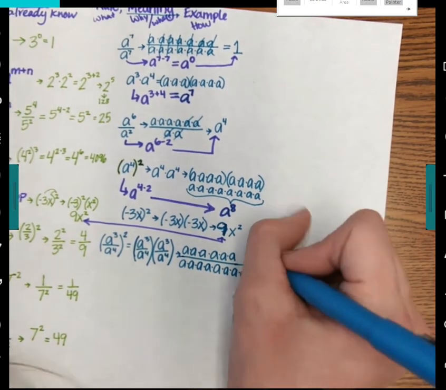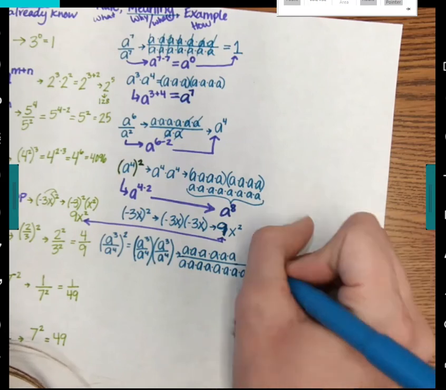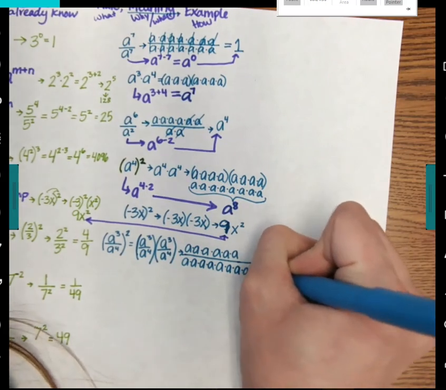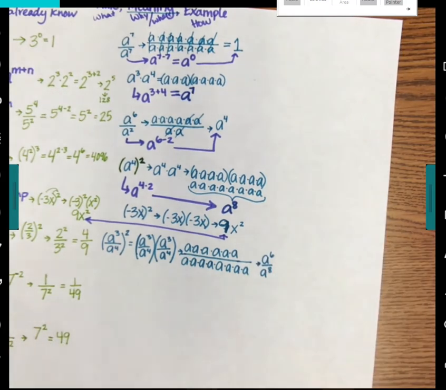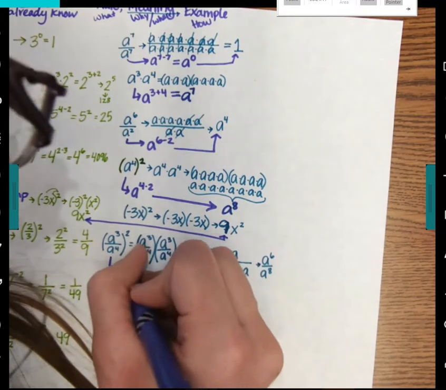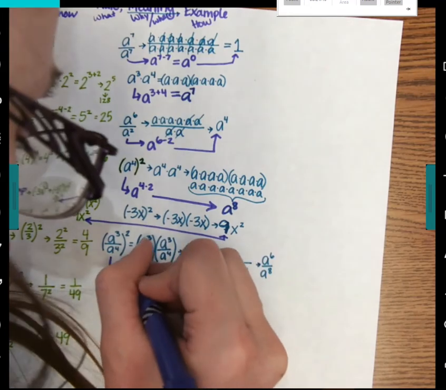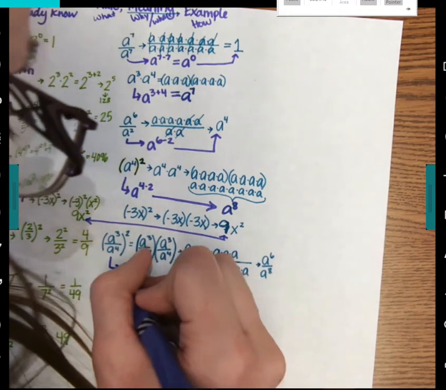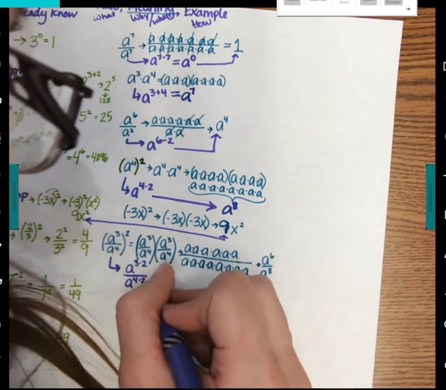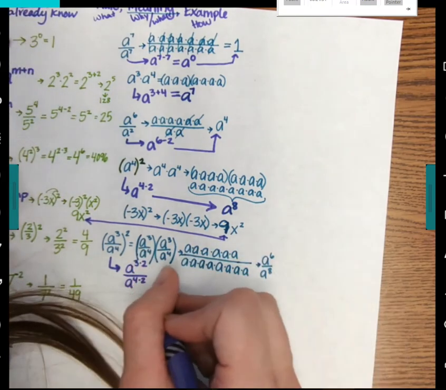And this is, let's see, e to the 6th over a to the 8th. Or we can just see that a to the 3 times 2 and a to the 4 times 2. 3 times 2, 6. 4 times 2, 8.